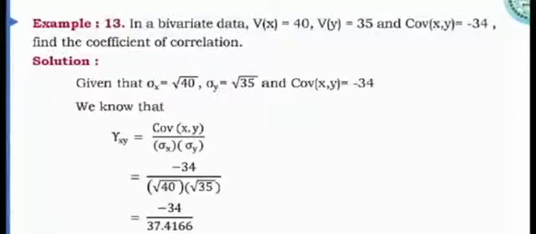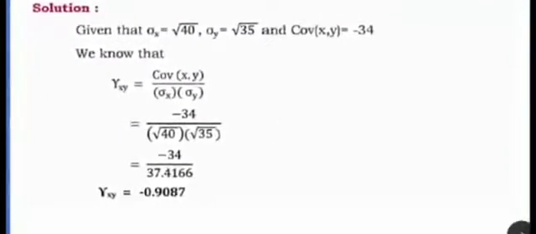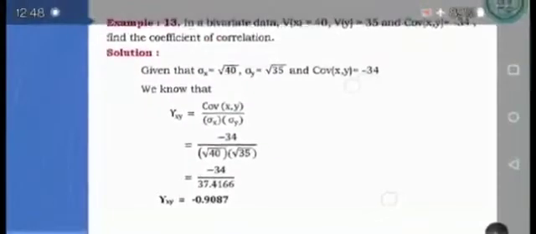Sigma x is equal to square root of 40, sigma y is equal to square root of 35, covariance of xy is equal to minus 34. When you substitute in the formula, you get a negative value of minus 0.9087, which says that it's a high negative correlation.